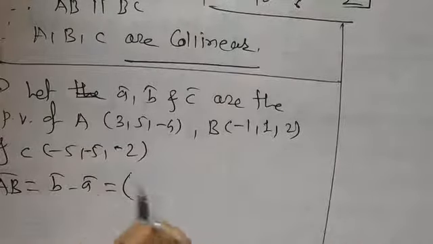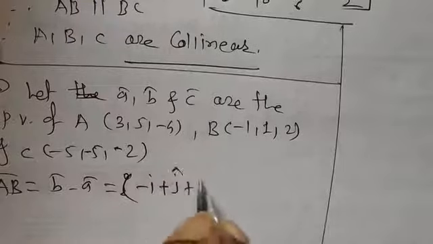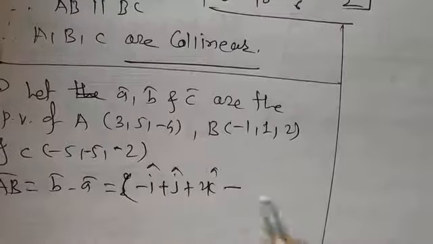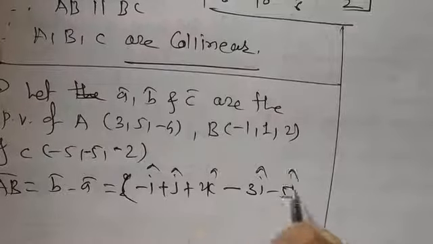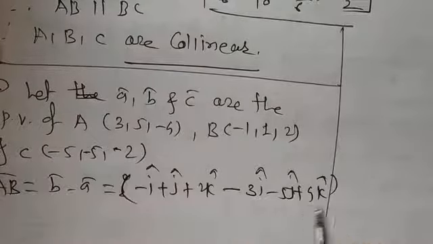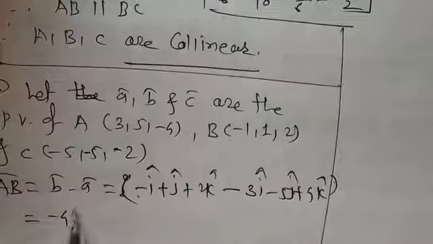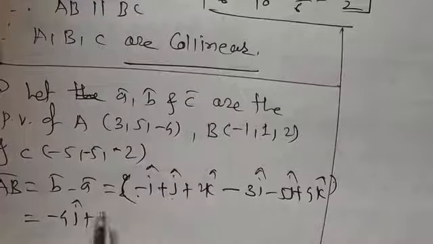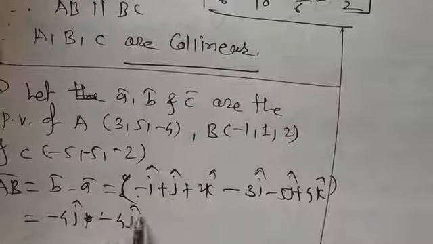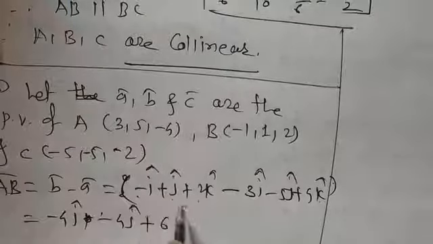Now it is minus i plus j plus 2k minus A bar, which is 3i minus 5j plus 4k. Then the answer is minus i minus 3i, that is minus 4i; then plus j minus 5j; then plus 2k plus 4k, that is plus 6k.